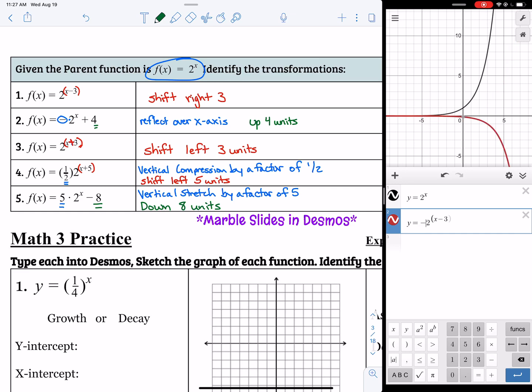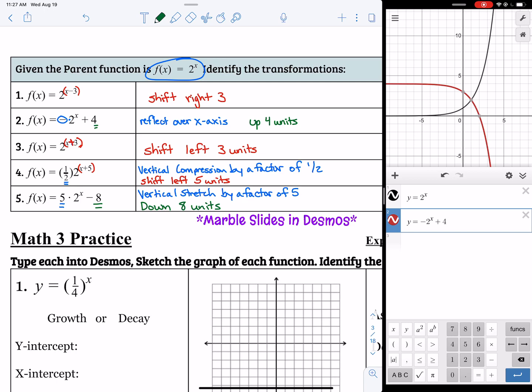All right, so let's change this to look like number 2. So I'm just going to edit a little bit and take out the exponent having a -3 in it. So just be careful typing all that in. And then you can tell with number 2 that it does look like my graph reflected over the x-axis, because now that red graph is going down.